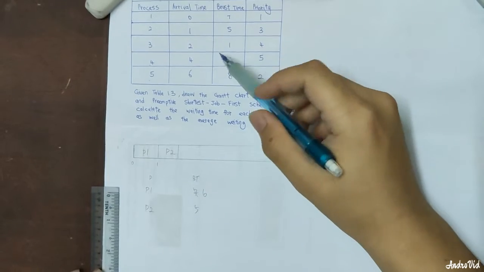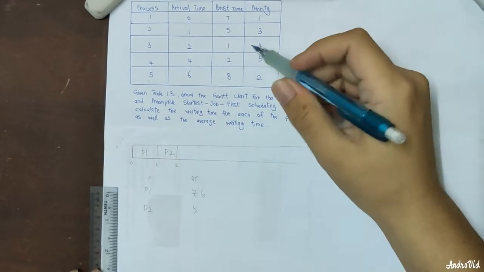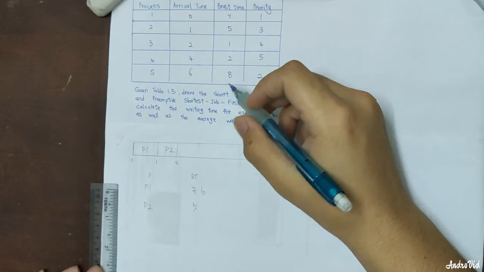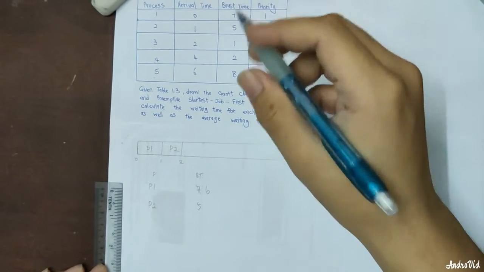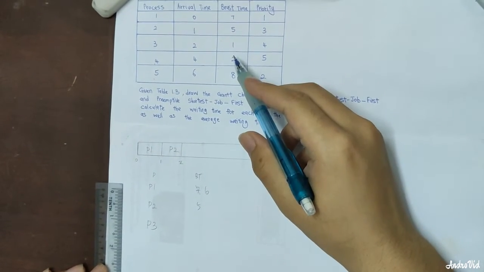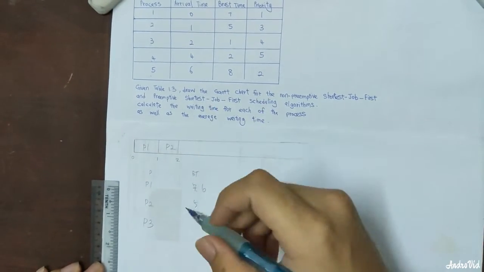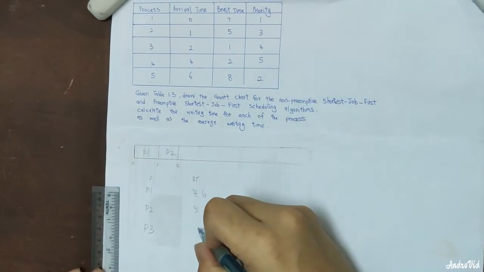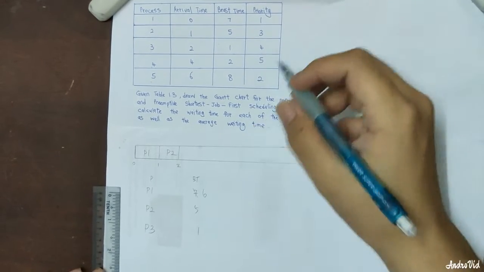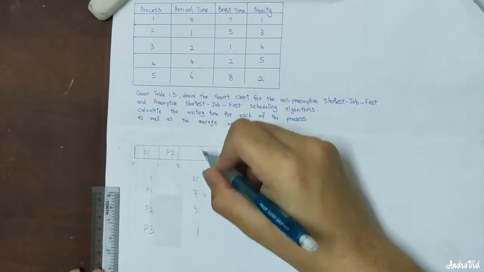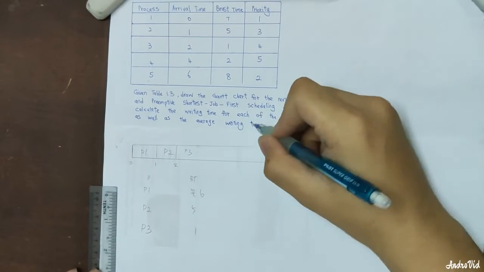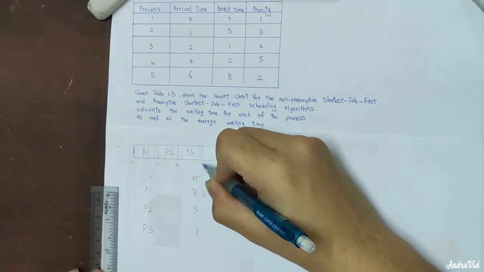Then at millisecond 2, process 3 arrives. We need to see the burst time of process 3. Its burst time is 1, and it is the shortest among these 3, so we execute process 3 until 3.